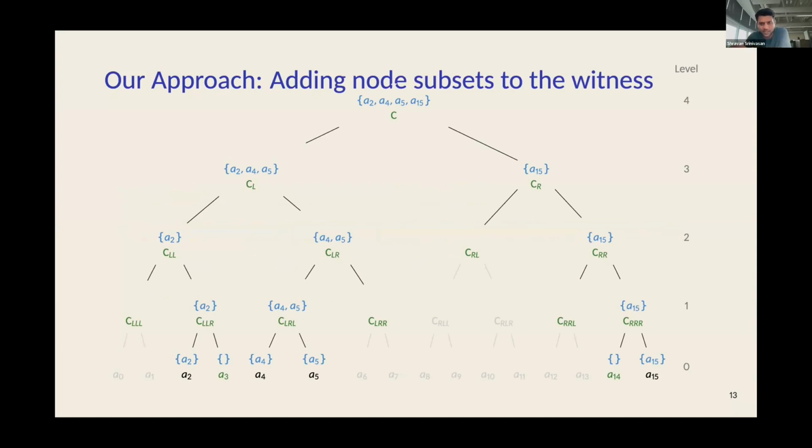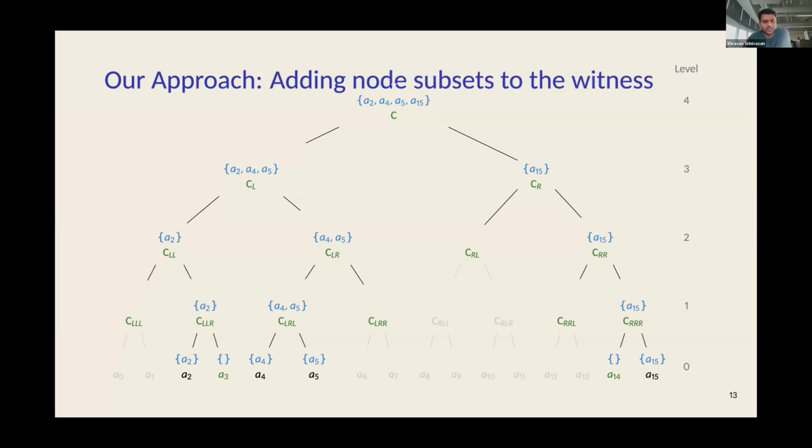Take the right subtree: its node subset is just A15, as A15 is the only element from the set S in this subtree. Similarly, for the left one, it's going to be A2, A4, and A5, and it does not contain A15, because A2, A4, and A5 are the only batch elements in that subtree.